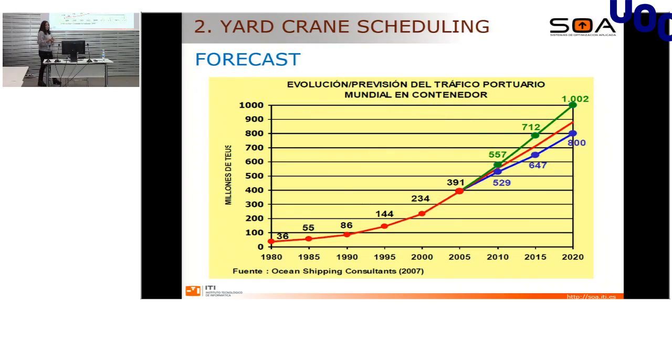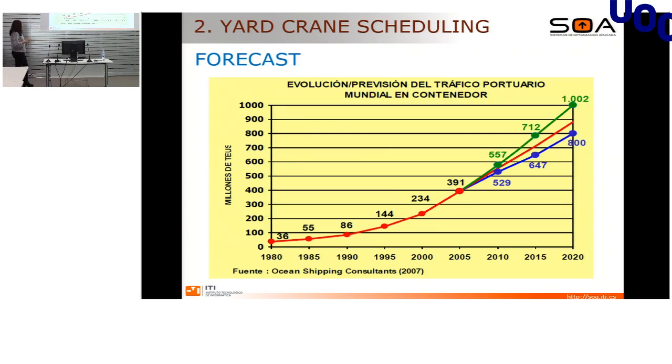So to introduce the problem, we have to check the evolution and forecast of the traffic of containers around the world during the last few years. In the green line, we can see the optimistic forecast, and the blue line is the pessimistic forecast, and the red line is the average.